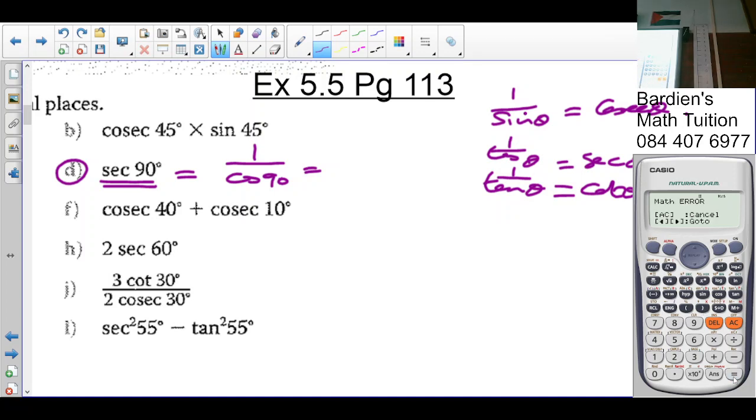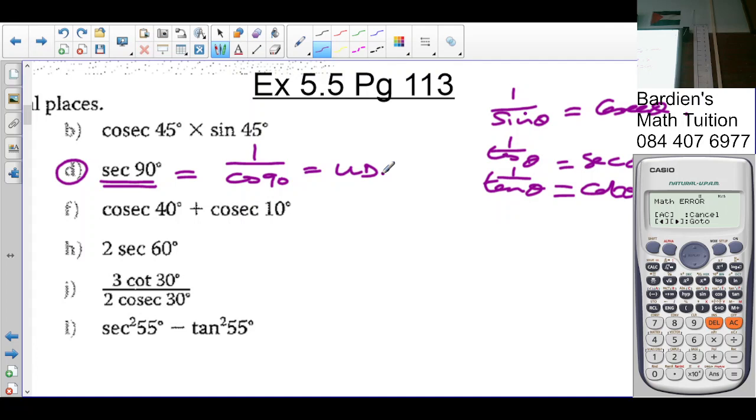The sum doesn't exist, there's no value for that. But the proper mathematical notation for that is undefined. So no solution to it. The solution is it doesn't exist.